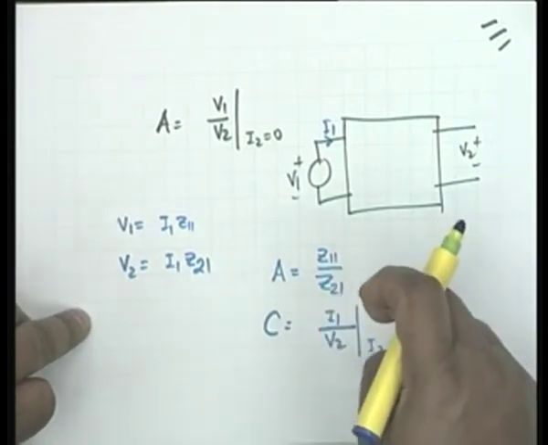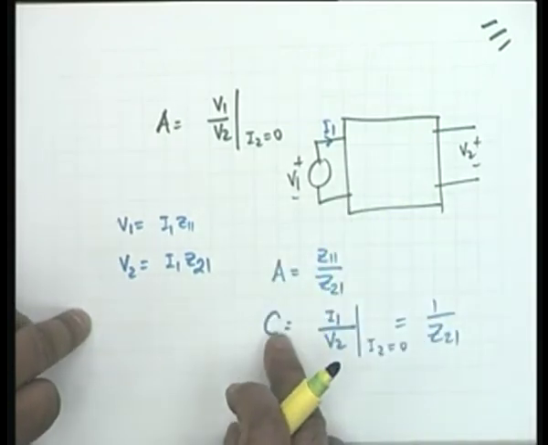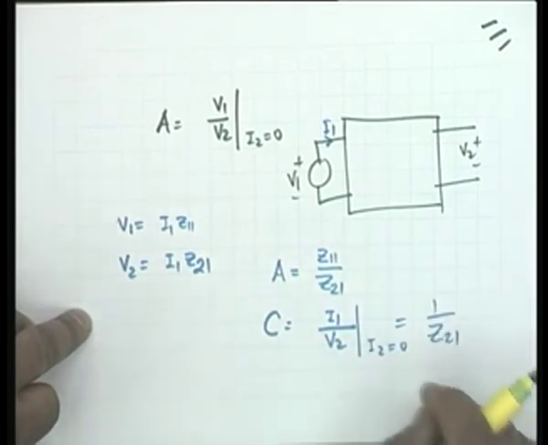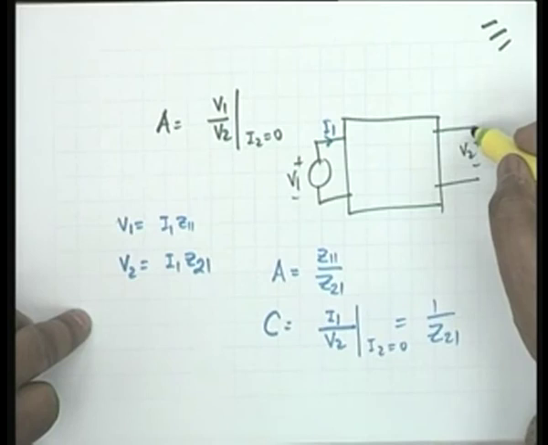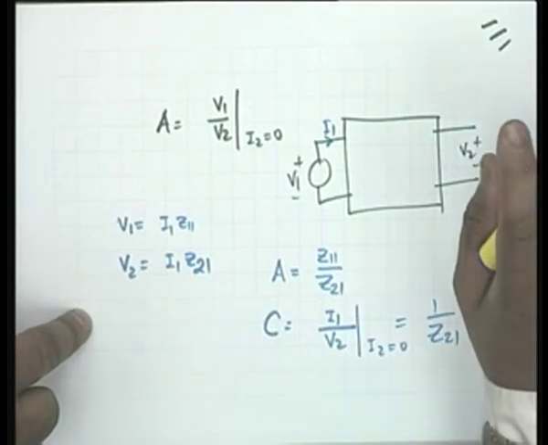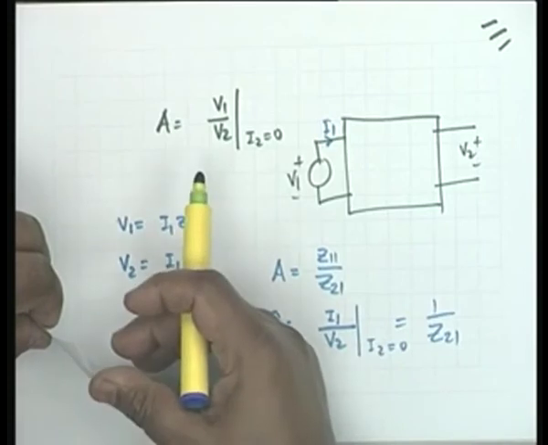Now, I could relate A and C to Z11, Z21 very easily because I kept this open, and you see, with open circuit, the Z parameters are measured under open circuit conditions. On the other hand, the other two parameters are most easily related to the short circuit parameters, namely Y parameters.